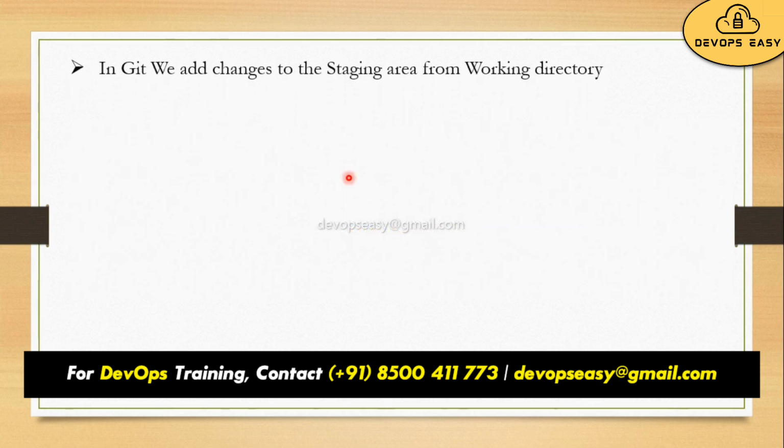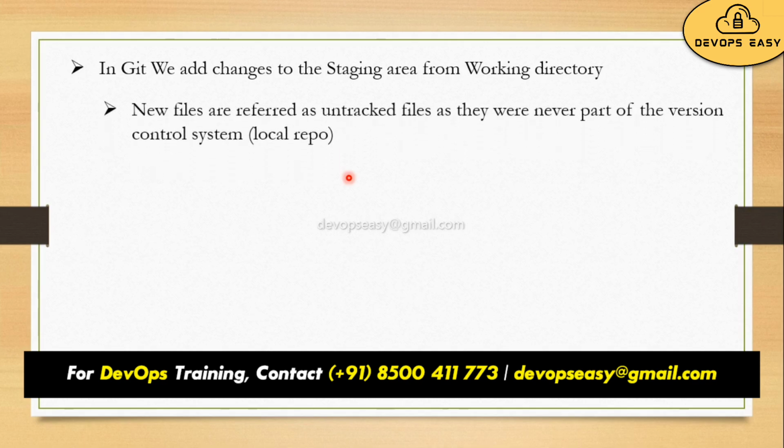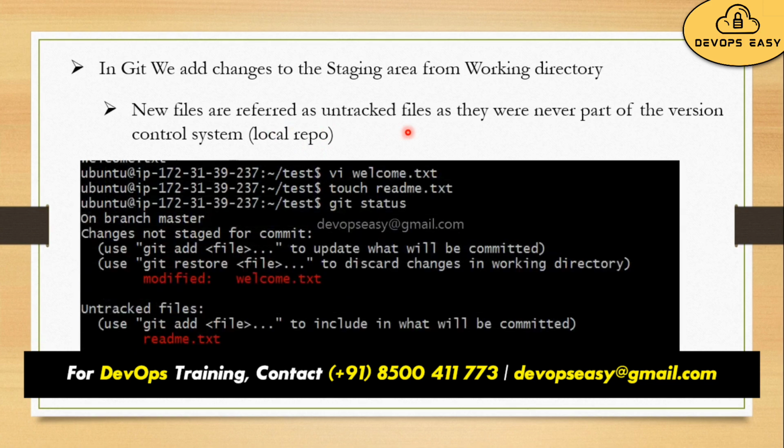So in Git we add changes to the staging area from the working tree, right? New files are referred to as untracked files, as they are not part of the version control system. So every new file is called an untracked file. If you see, I have edited vi welcome.txt.